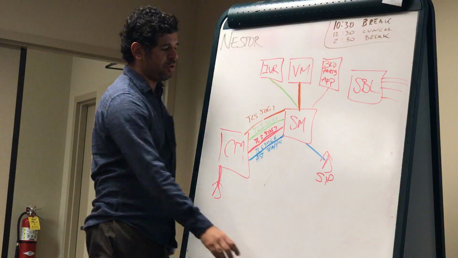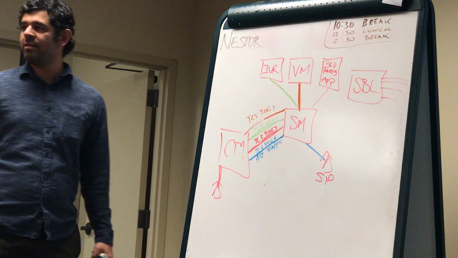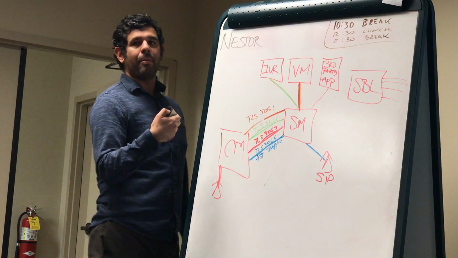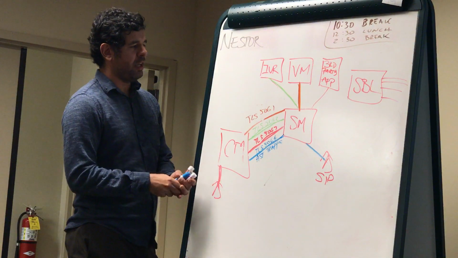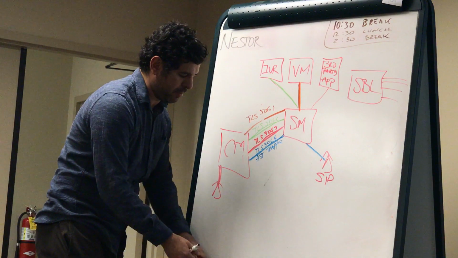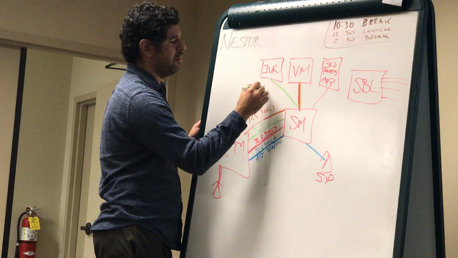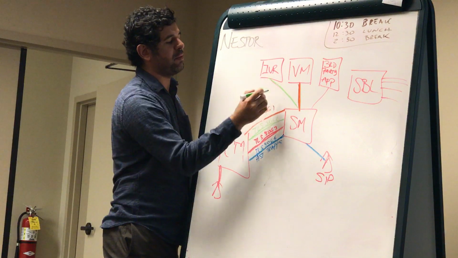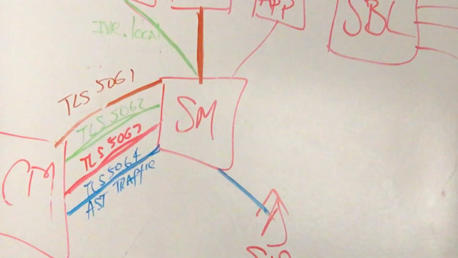Now, there is another approach, which is known as the domain-based routing approach, where instead of changing the ports, you manipulate domains. So what you do in this approach is, all of the traffic coming from the IVR, you change the domain to be, let's say, IVR.local.